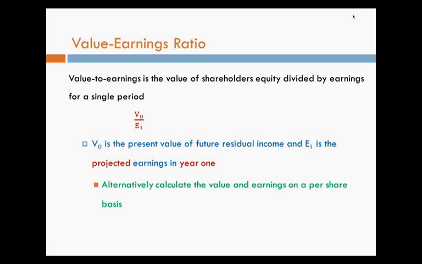Compare that to your earnings in year 1, the next year's earnings. That's what you want to try to do. And you could do it as total market value or per share. That's just mathematics.